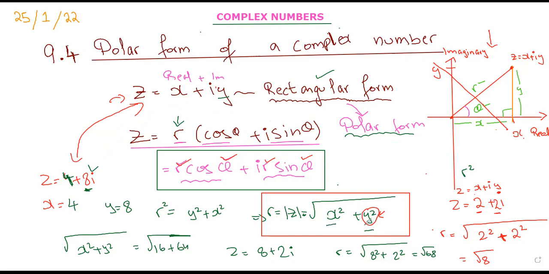Y is the number which is written with iota. Iota is not included. Only think about this y. Forget about iota because we have y only. We are not writing iota y whole square, we are writing y square. Y is the number which is written with iota in the imaginary part of your complex number. It is the number, not iota. Are you clear? So this is how we find r.